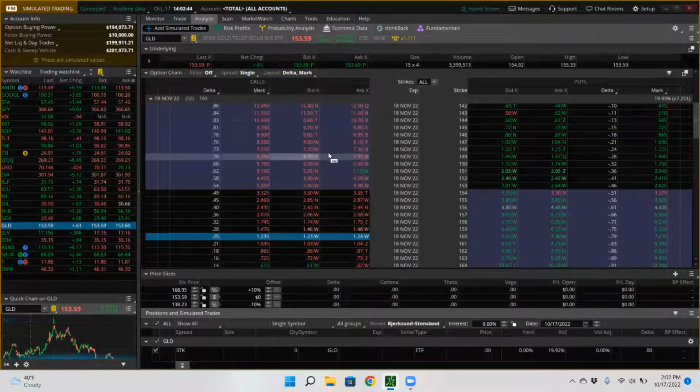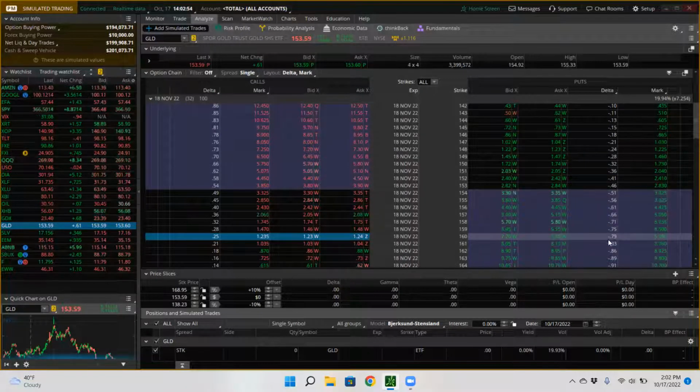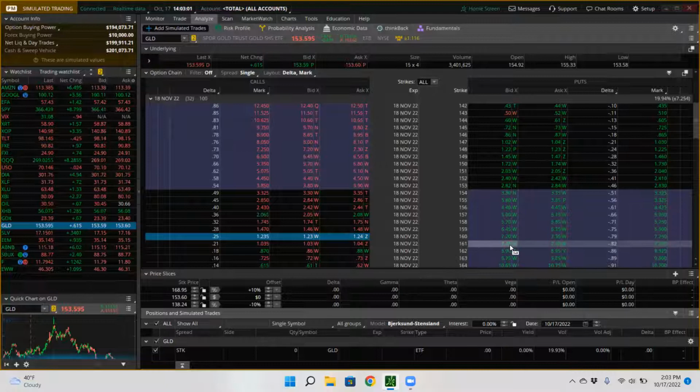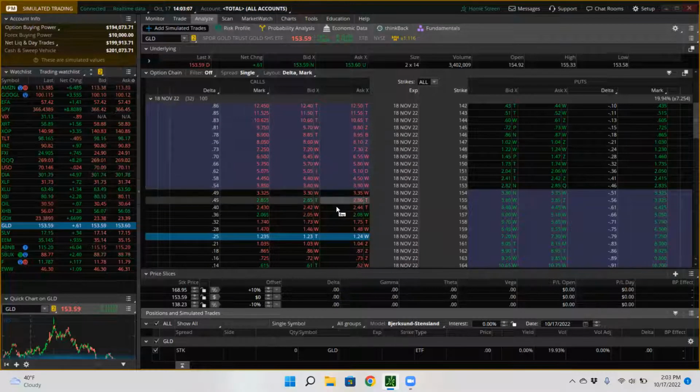So we have our in the money options on the call side, which are below the underlying. On the put side, you can see that the deltas are negative because this is an inverse relationship, and those are considered in the money by being above the underlying. We'll talk a little more about that relationship later.